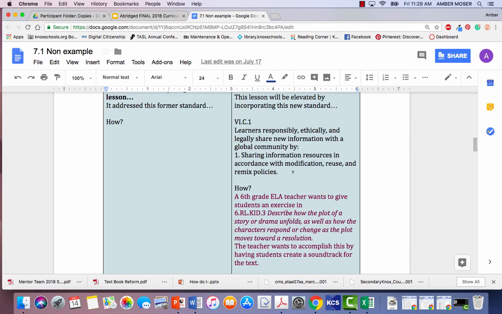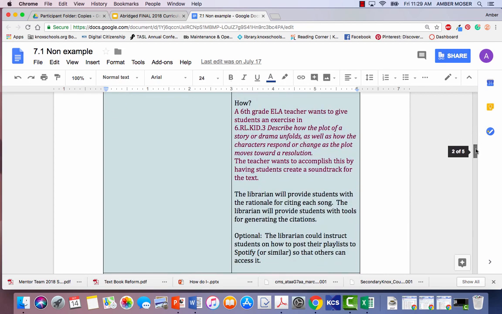Let's see if I've addressed it. Responsibly, ethically, and legally share new information with a global community by sharing resources in accordance with modification, reuse, and remix. We're definitely addressing reuse here, and I am giving them the tools to share responsibly, ethically, and legally, so I think I'm in line with the standard.